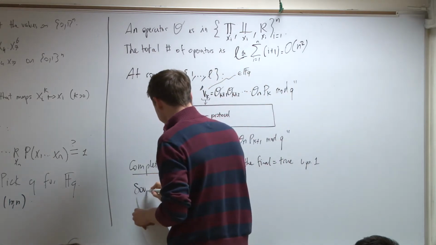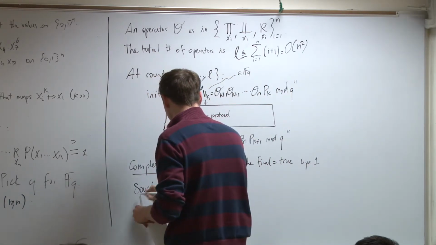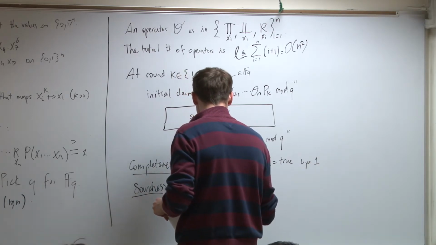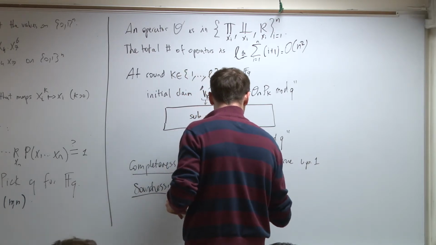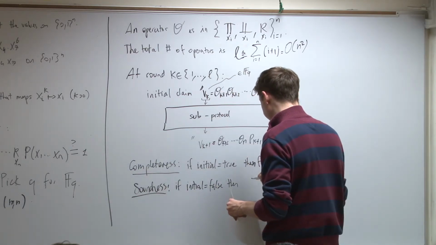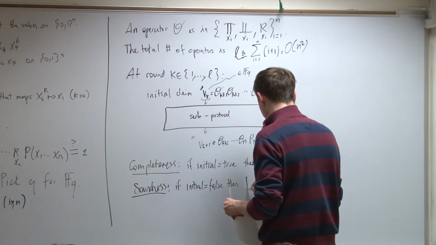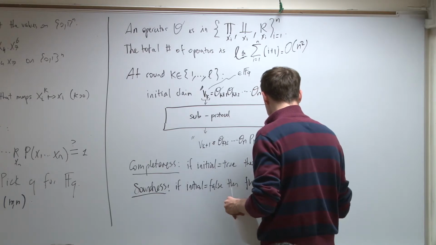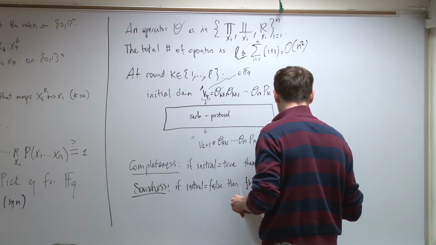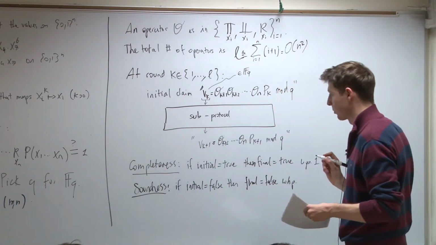And soundness will say that if initial is false, then the final is false with high probability. With high probability is something we'll have to control.